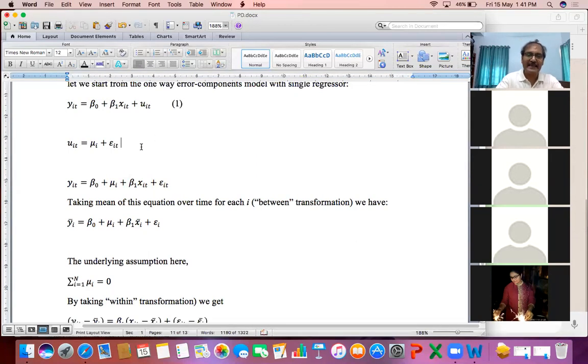We have decomposed the error in equation 2. Okay. We substitute equation 2 into 1 to get equation 3. We take the sum on both sides over time in equation 3, and divide both sides by capital T to get equation 4.